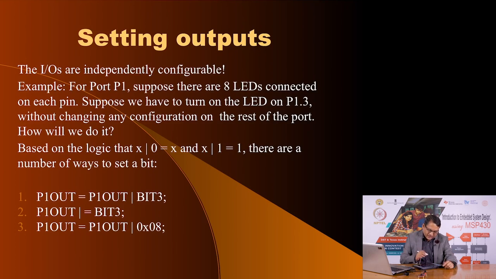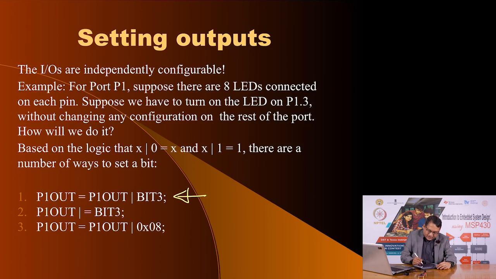So, let us say that we execute the instruction P1OUT = P1OUT | BIT3. Now, what is this BIT3? These are values stored in the header file associated with this. We will show that with an example, and these are masked bits.